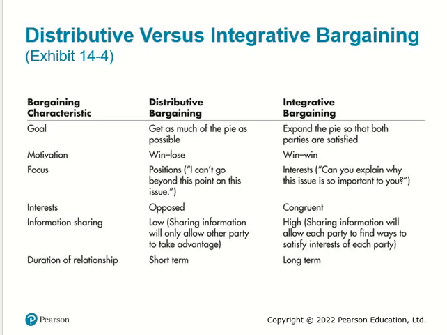Then we move to this slide, which shows the figure of how distributive bargaining compares with integrative bargaining. Normally, the negotiation strategy that you may engage in is distributive bargaining.